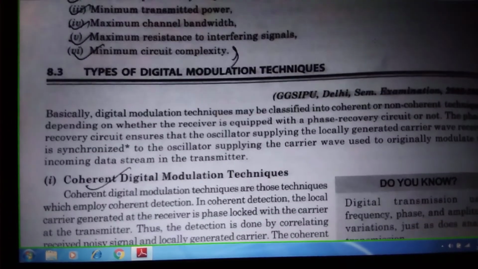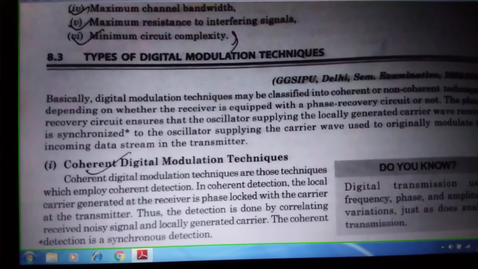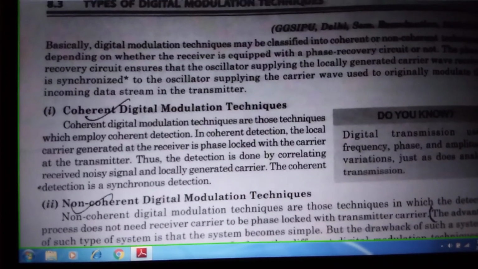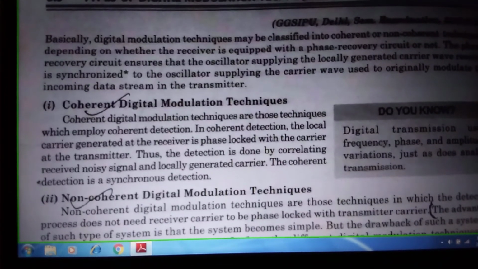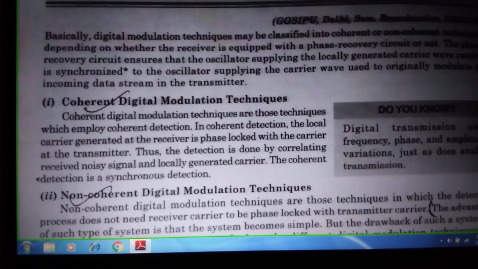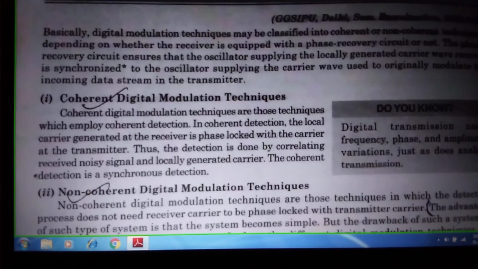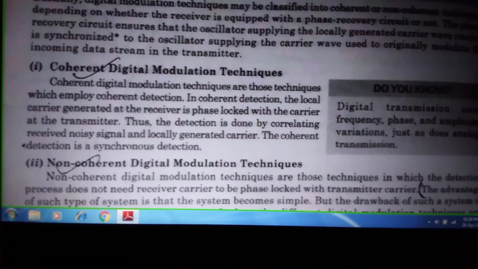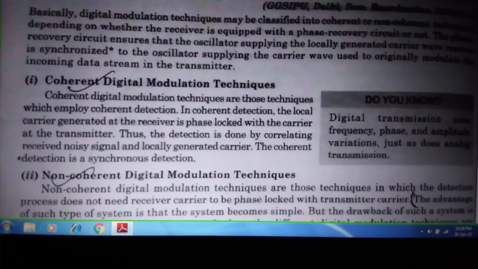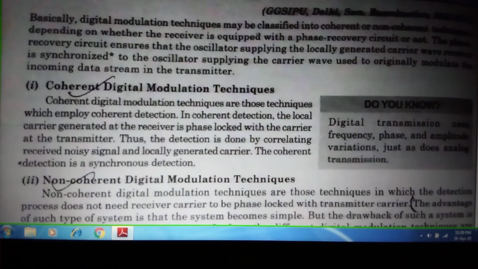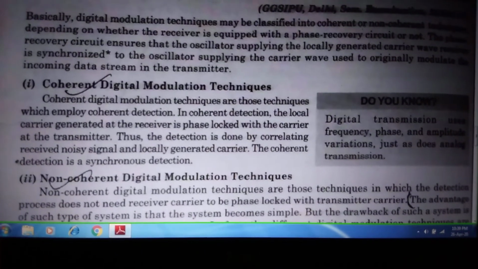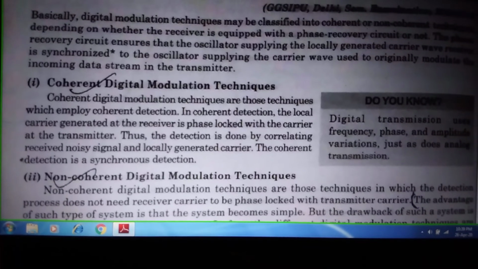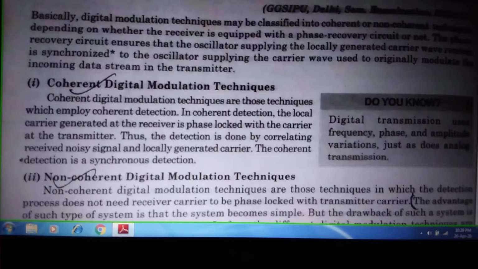The next article is types of digital modulation techniques. Roughly, you can classify digital modulation techniques into two different formats. One is called coherent digital modulation techniques and the other is non-coherent digital modulation techniques. Coherent digital modulation means a synchronous digital modulation technique, and non-coherent digital modulation means an asynchronous digital modulation technique.